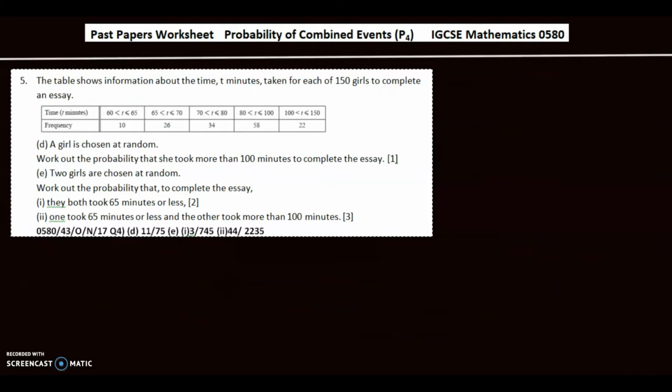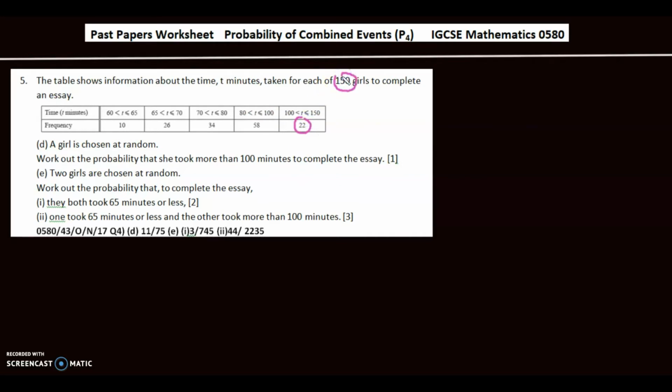Next question. The table shows information about the time, T minutes, taken for each of 150 girls to complete an essay. A girl is chosen at random. Work out the probability that she took more than 100 minutes to complete the essay. So how many girls took more than 100 minutes to complete the essay? That's 22. And how many girls do we have in total? 150.